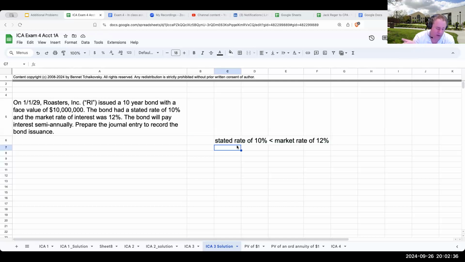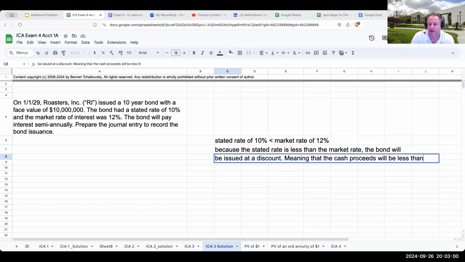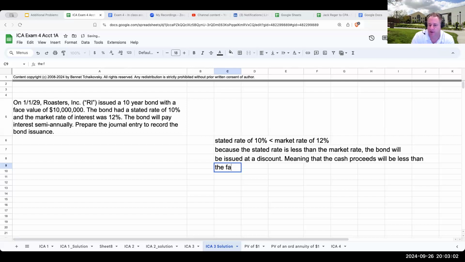That answer is going to be yes. So because the stated rate is less than the market rate, the bond will be issued at a discount, meaning that the cash proceeds will be less than the face value of the bond.